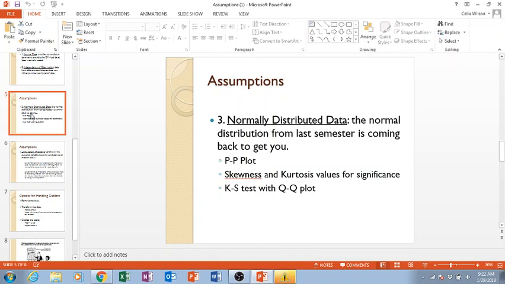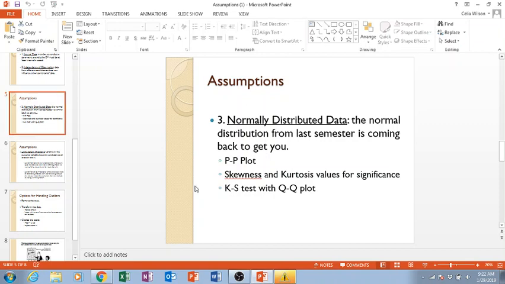And again, it's just our outcome variable. So that self-efficacy variable, those values have to be normally distributed. So I'm going to check for a normal distribution. Now, we have many ways we can check for a normal distribution, and we'll go through the different possibilities in a different video.